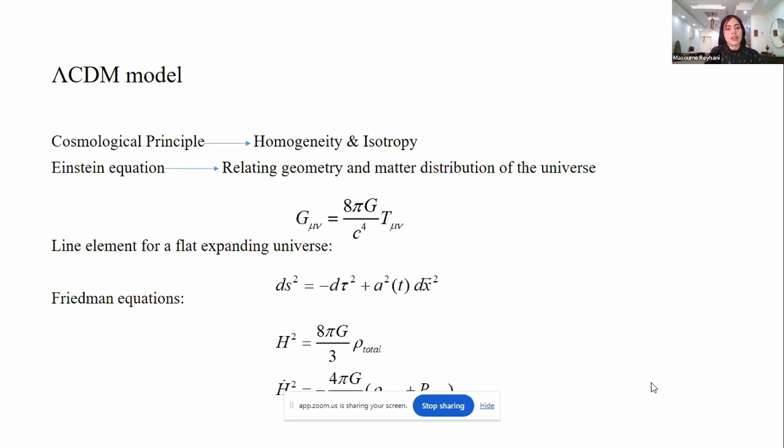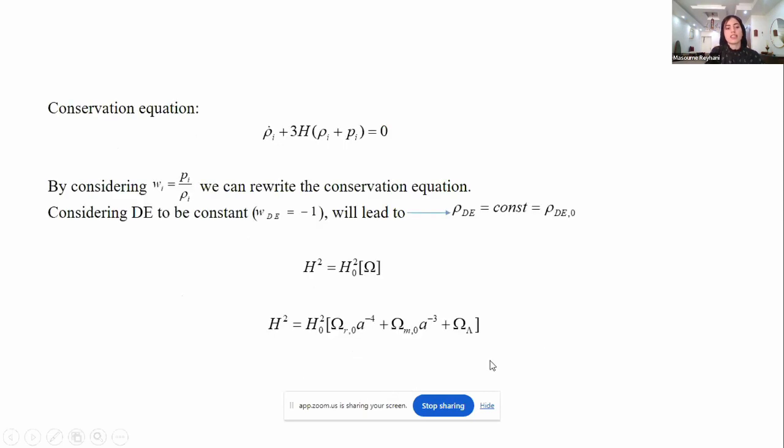Let's have a view on the Lambda CDM model. As we know, Lambda CDM considers the universe to be homogeneous and isotropic, and Einstein related the geometry of this universe to its matter with this equation. By writing the line element for this universe and the Friedmann equation we have here, we can see that the equation of state, which relates the pressure of a component of the universe to its density, is constant and equal to -1 for the Lambda CDM model.